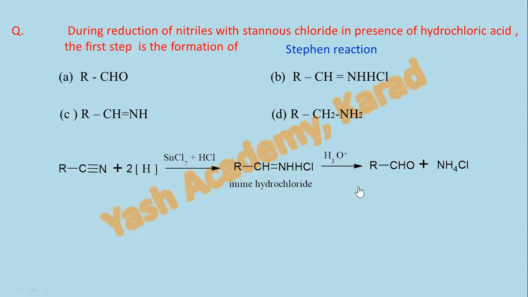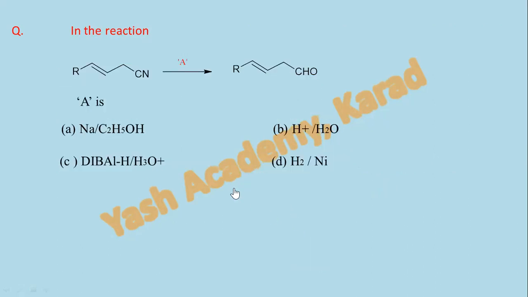So the correct option of the multiple choice question is B, that is RCH=NHCl. Okay, now the next multiple choice question. In the reaction you are given a reaction and an arrow with capital A written on it, and you are asked what A is.